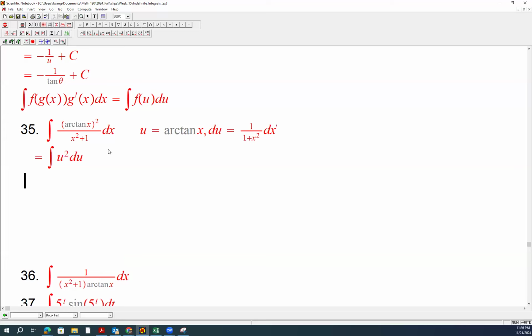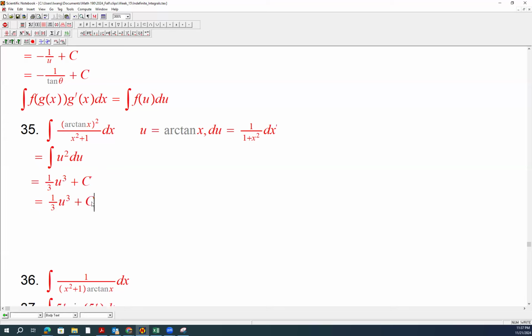And the antiderivative is going to be 1/3 u to the power 3 plus a constant. All right. Almost there, replacing u by its equal. Replace u by its equal right there.